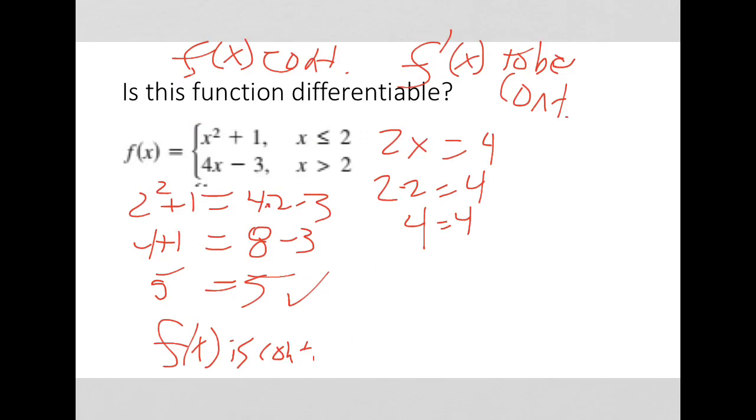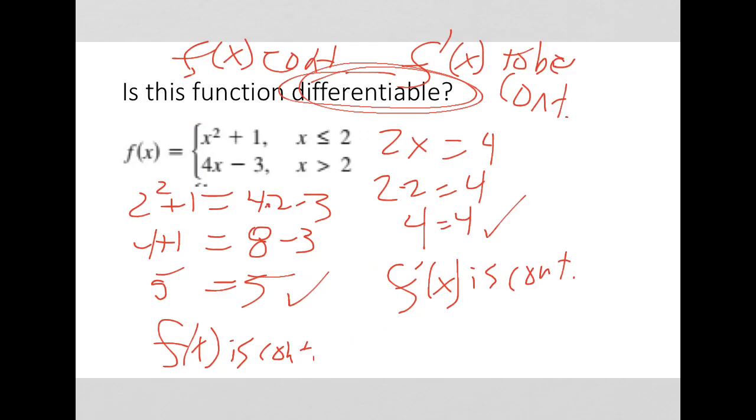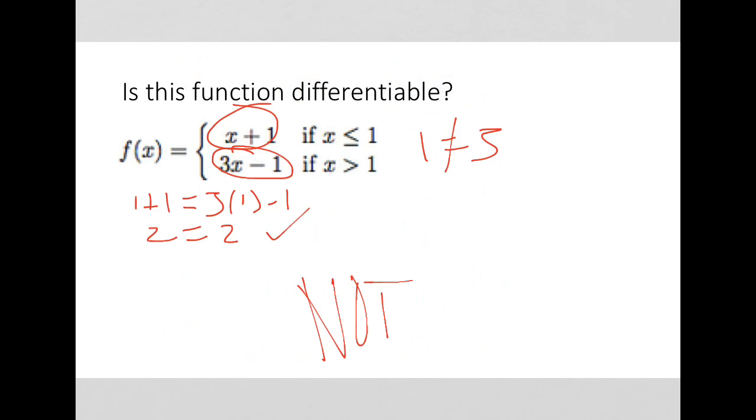Yes, 4 equals 4. So f prime of x is also continuous. Since the function is continuous and the derivative is continuous, we say that, yes, this function is differentiable.